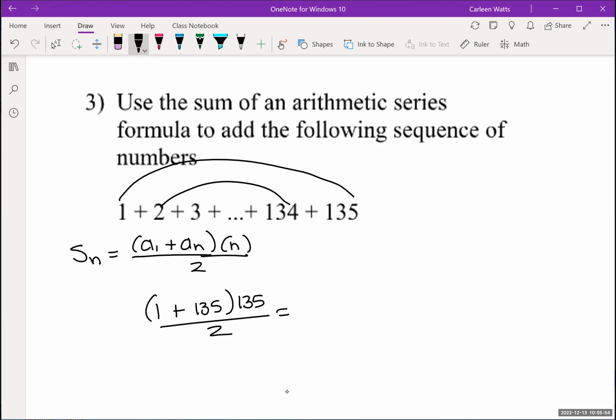But when 135 is odd, 135 plus 1 is even, so you will always be able to divide by 2. Ding, ding, ding, 9180. First term plus last term times the number of terms divided by 2.